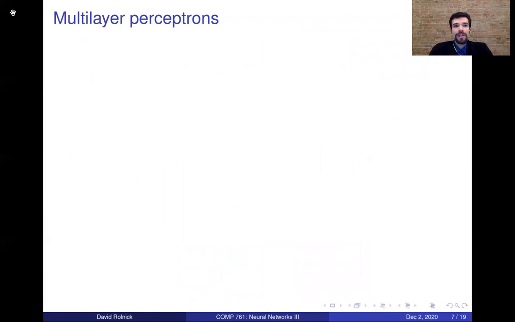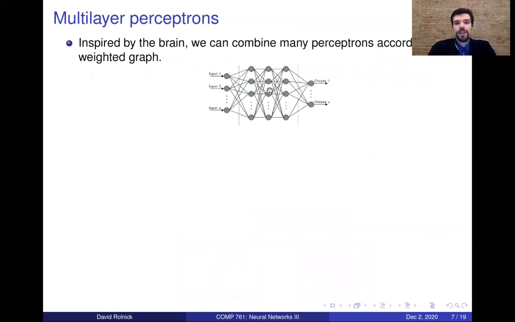So let's take a look at multilayer perceptrons, a simple version of an artificial neural network. Inspired by the brain, we can combine many perceptrons according to a weighted graph. The weighted graph is one way to think about this particular kind of artificial neural network. It is not the only way to do it, but it's a neat visualization.